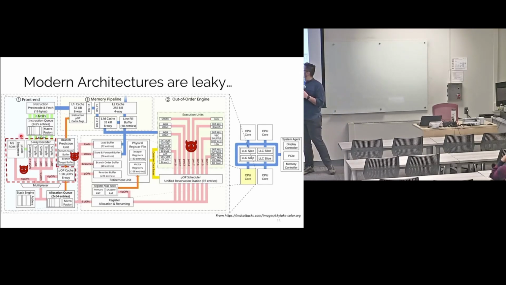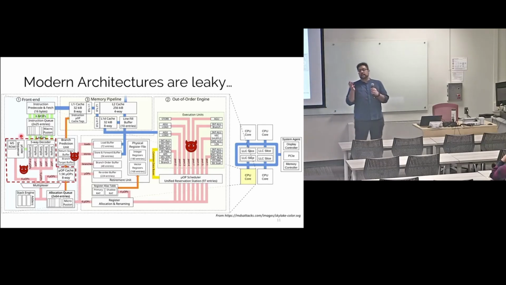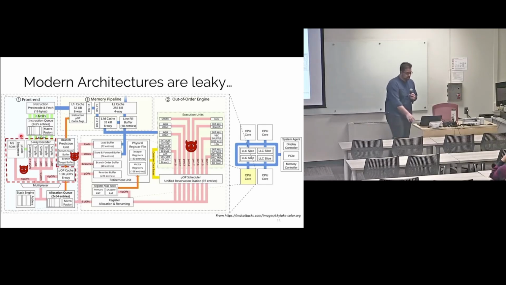There's the attack using the floating point units, where if the floating point unit is powered down, it'll take a long time to power up and the operations will take longer, or if it's powered up, then the operations won't take so much longer. There are attacks through the load buffer and store buffer, where data that is in the load-store buffer will be forwarded quickly, and you can leak information, versus data that is not in the buffers.